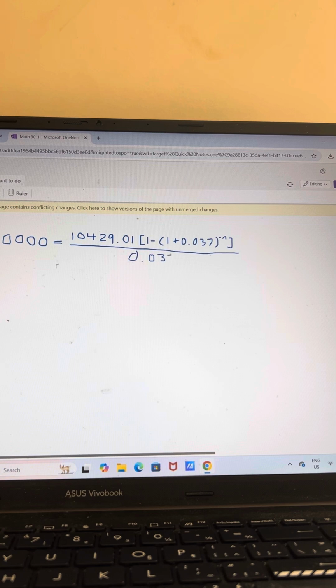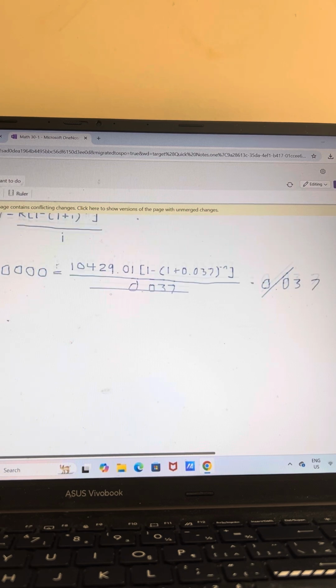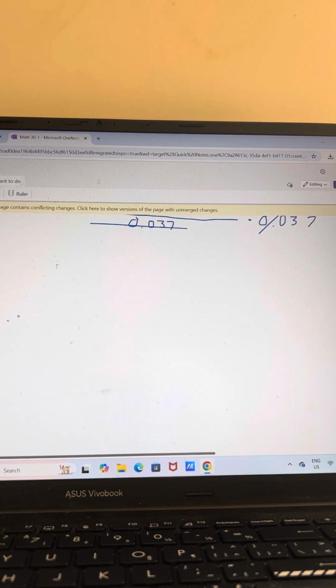Okay. First thing we can do is multiply both sides by 0.037, right? And what this is going to do is the one on the bottom is going to cancel out. So I'm just going to multiply 250,000 by 0.037. We get 9,250.